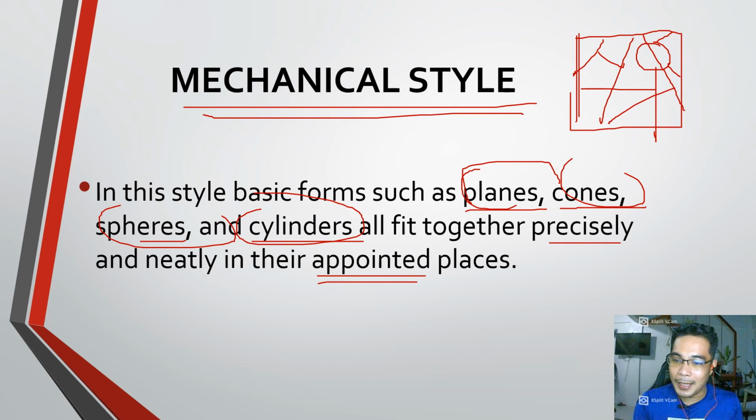Magiging cubism na yan. Okay? Kumbaga hindi ko iniisip ang itsura ng shape, kung anong shape ang magagawa ko. Basta gusto ko may makitang shapes and lines sa aking painting. That is cubism. Pero dito, it should be precise and neatly in their appointed places.